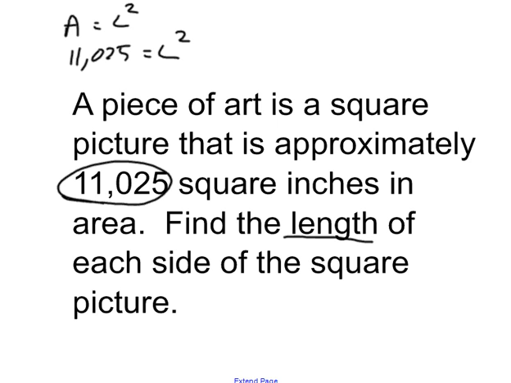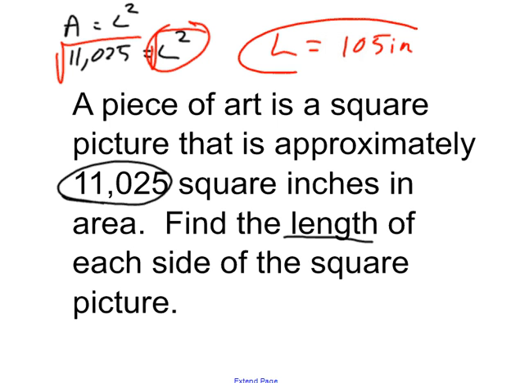I'm going to take the square root of both sides. The square root of L squared is just L. On my calculator, if I type in 11,025 and hit the square root key, I get 105. So that would be 105 inches on each side of my square. Thank you.